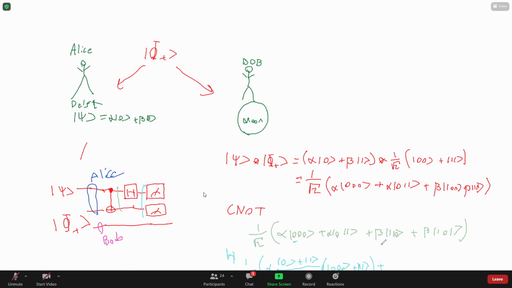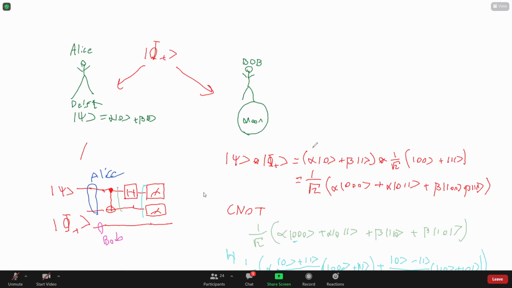And then here, the 1 state now becomes the minus state, so (|0> - |1>)/√2. And then we have |10> plus |01>. Like this. Good.